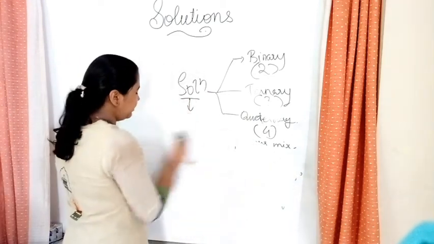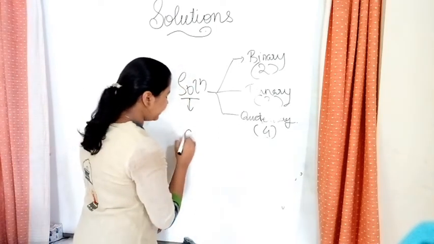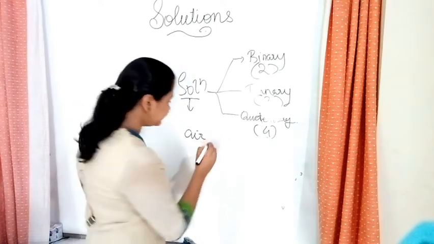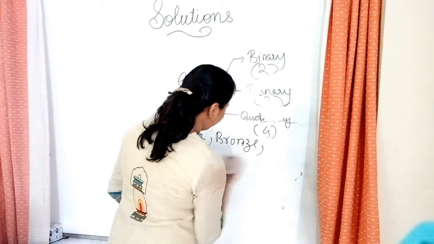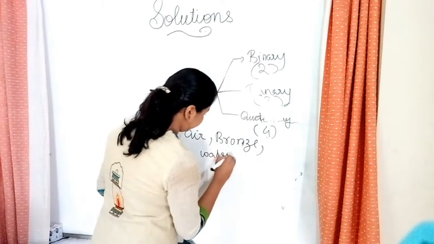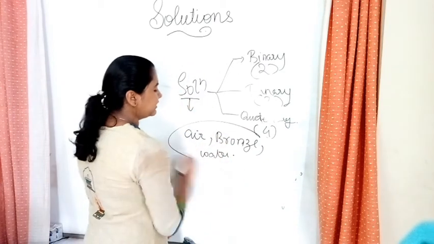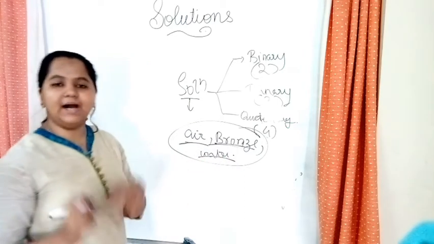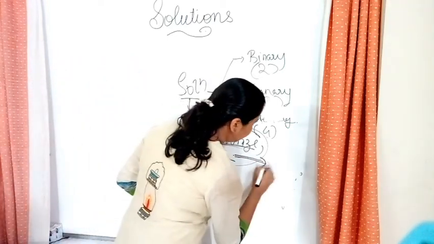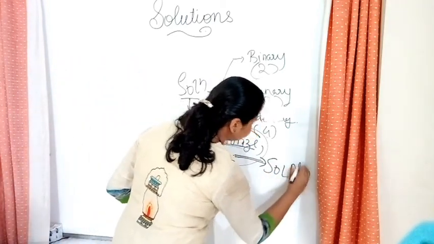You know air is a mixture. That is a gas. Bronze is a mixture. Water is a mixture. These all are still solutions. This is gas, this is solid and this is water. But all of them are termed under solutions.